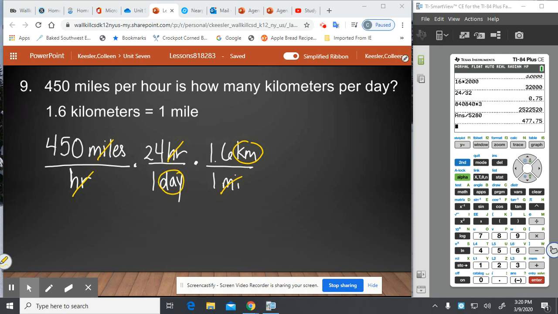So we can multiply straight across. We have 450 times 24 times 1.6 equals 17,280. And that's going to be kilometers over 1 day. So going 450 miles per hour is equivalent to going 17,280 kilometers in a day.